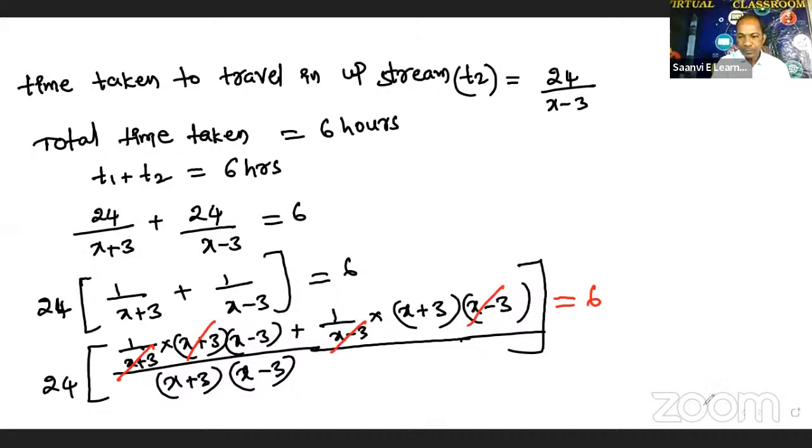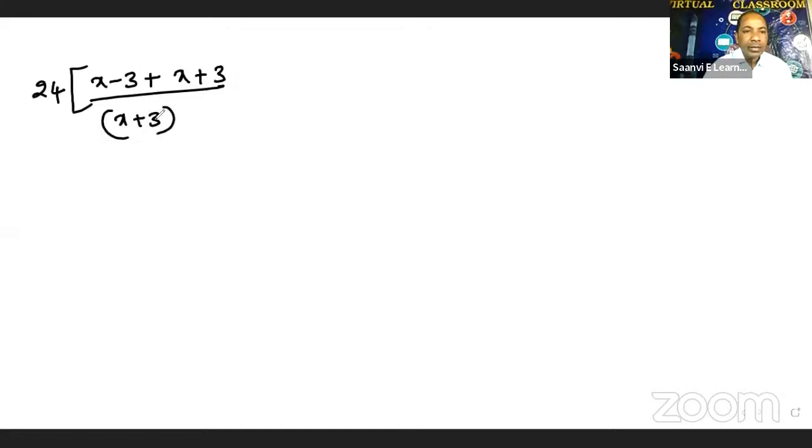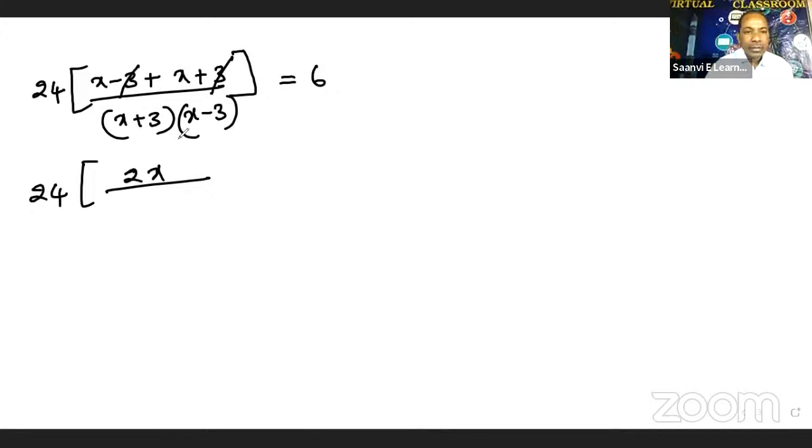Here x minus 3 will be 24 into x minus 3 plus x plus 3, by x plus 3 into x minus 3, that is equal to 6. So 24 into, here plus 3 minus 3 cancel, 1x plus 1x is 2x, by x plus 3 into x minus 3.